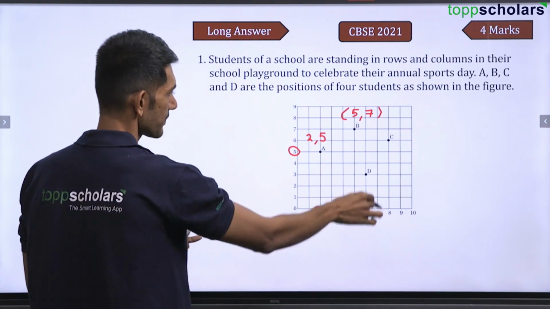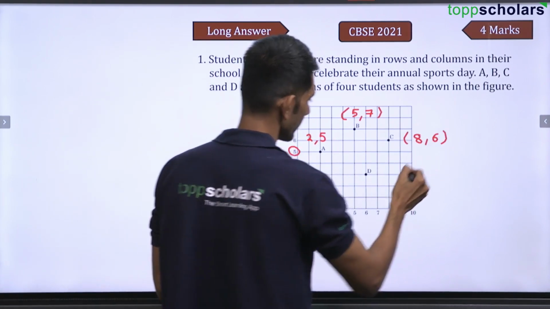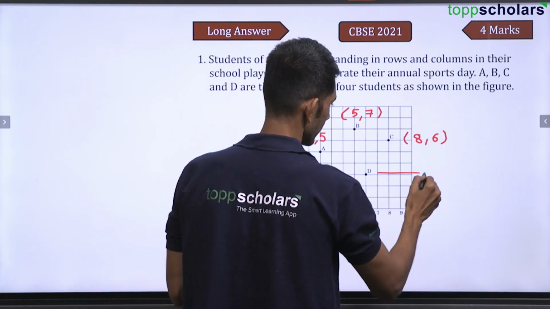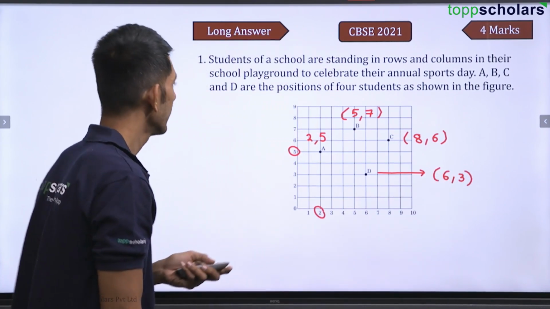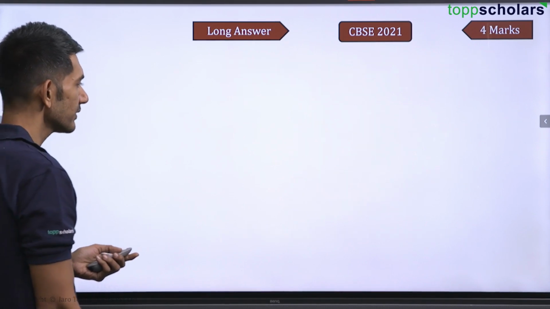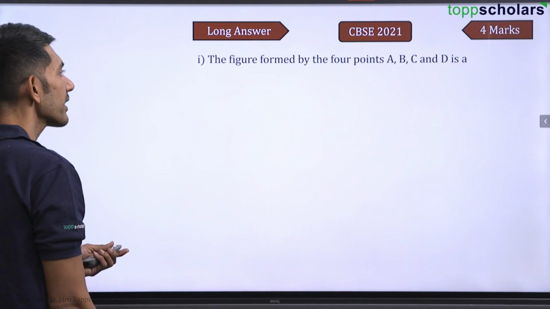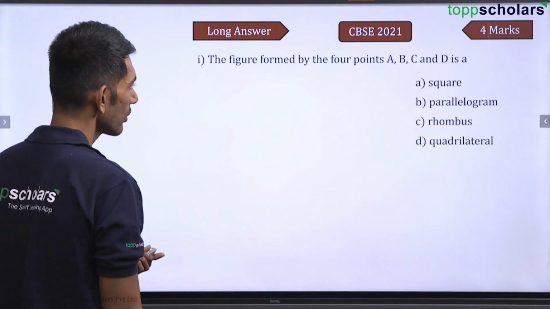Position of C is 8, 6. Position of D is 6, 3. What is the question? The first question says, the figure formed by the 4 points A, B, C, D is what? Is it a square, parallelogram, rhombus, or a quadrilateral?